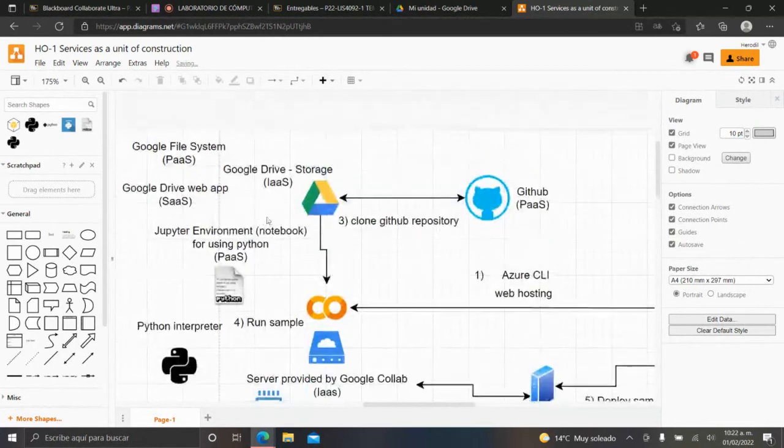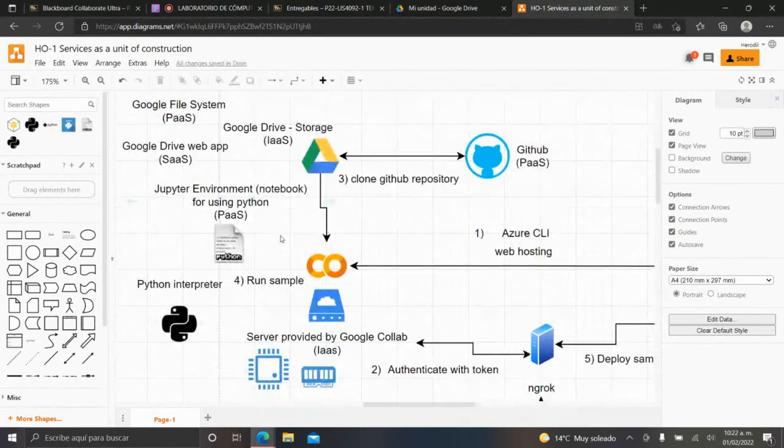And if you have a mirror in your machine, the file system is an application that provides us with this GUI interface so that we can have this experience of dragging and dropping the files.